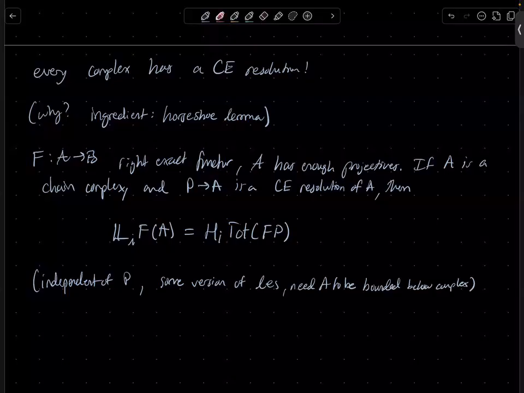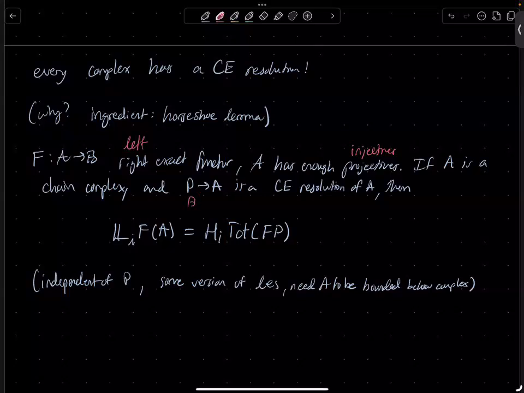Okay, and then there's similarly the ones for the right hyperderived functor. So if I just put left exact here, and injectives here, then I need an injective resolution.